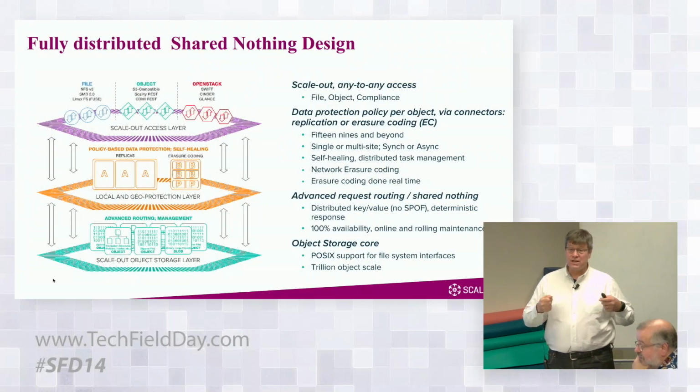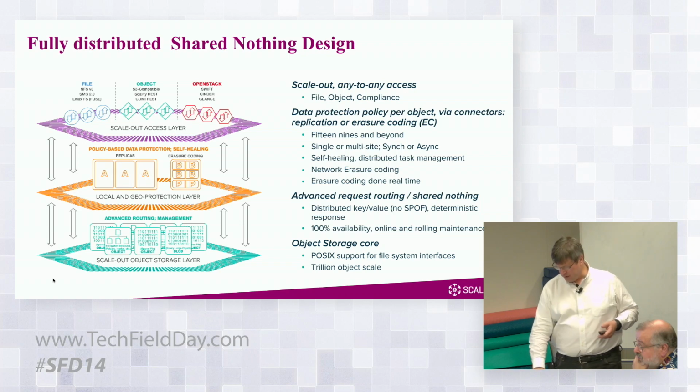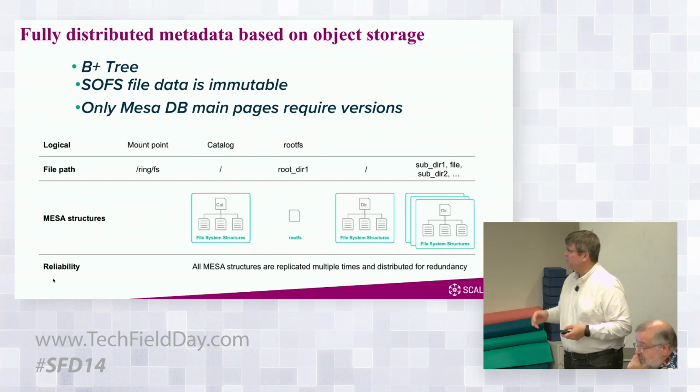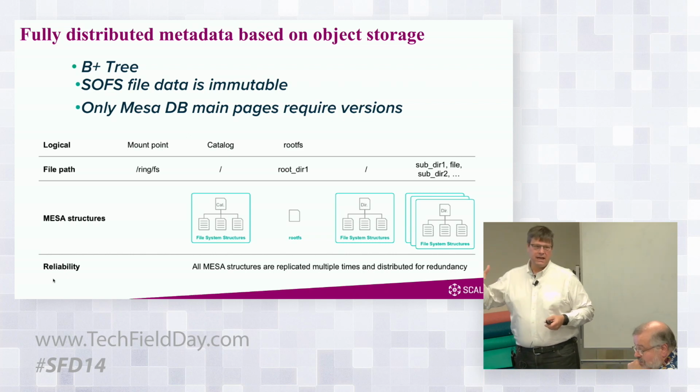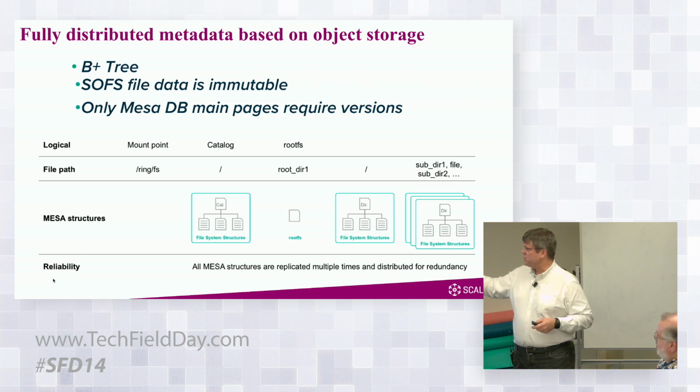So, shared-nothing architecture. This was fundamentally designed from the beginning as just a simple object store, and we decided how can we build a file system on top of this without losing the interesting properties of an object store. So what we did was we developed a fully distributed metadata engine based on an object model. This is a B+ tree.